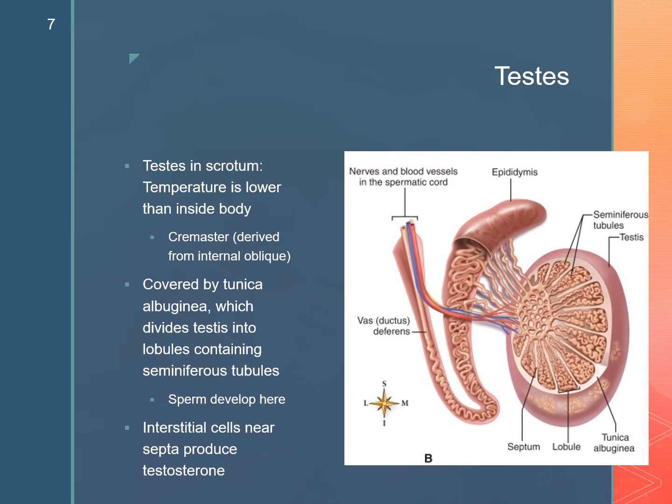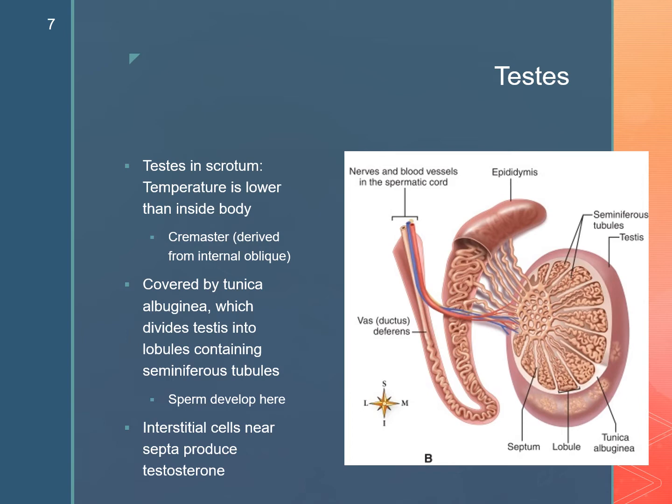The testicle is what we're looking at here with the scrotum removed, and you can see that it is filled with these convoluted tubes. And in the testicle, these convoluted tubes are referred to as the seminiferous tubules. Now, this is where the sperm are born, if you will.